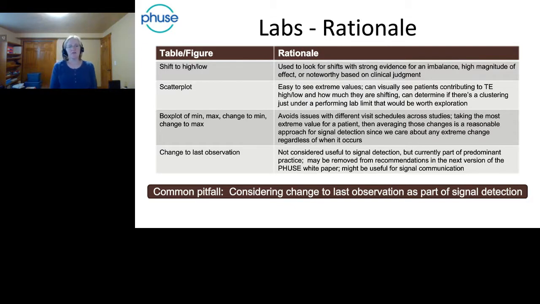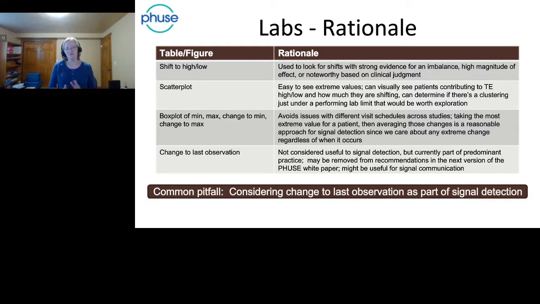So one common pitfall is considering that change to last observation is at all helpful for signal detection, right? And we see this a lot and maybe it is just part of predominant practice, but this is another example of something that is part of predominant practice that we would like to change.